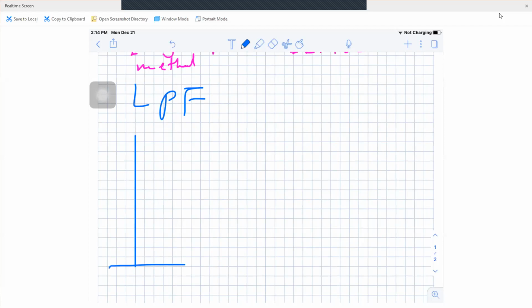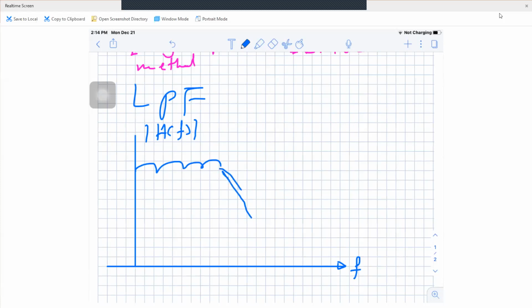Well, it's good. Now this will be F in hertz, and this will be H of F. Now practical low pass filter will be as follows. Okay, now we have a region which is called a pass band.